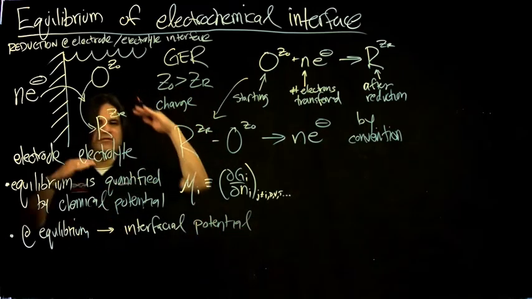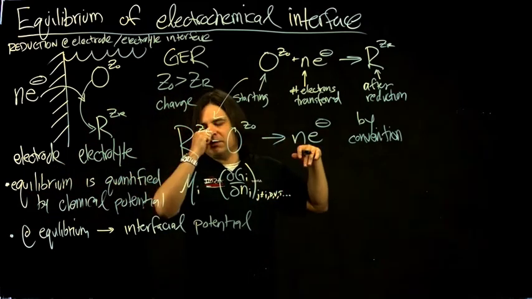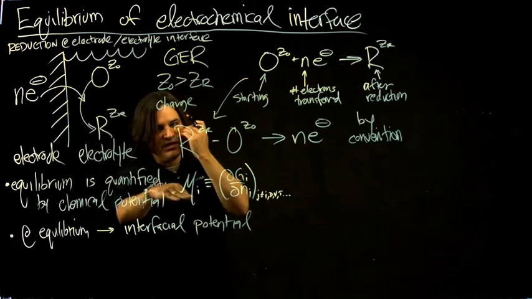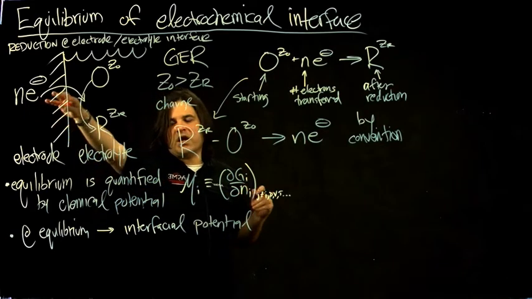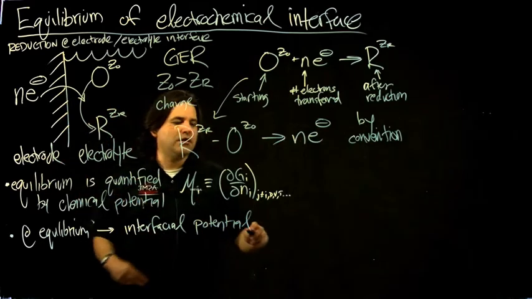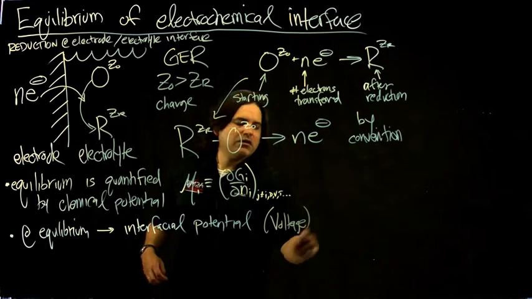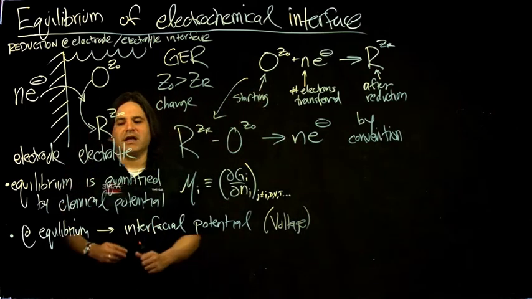So there's a certain voltage, because this is electrochemistry, it's not only a chemical potential, but this is electrons, Faradaic reactions, and we design these to have a voltage. So there's a certain voltage associated with this configuration at equilibrium.